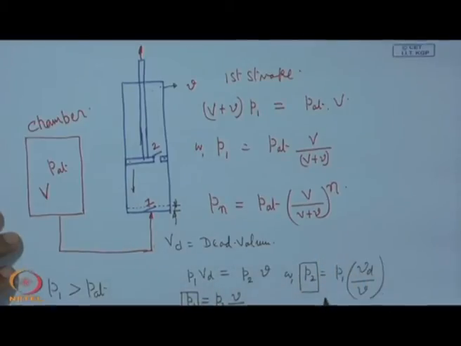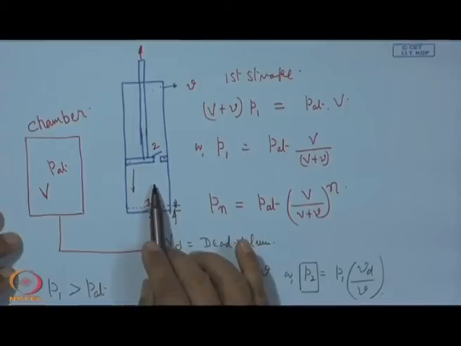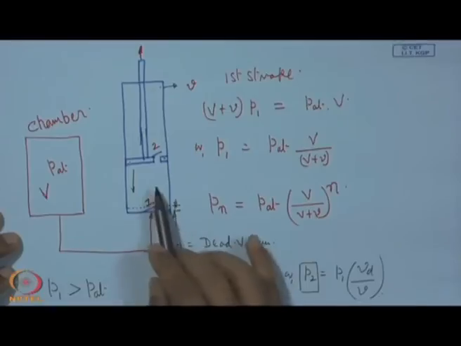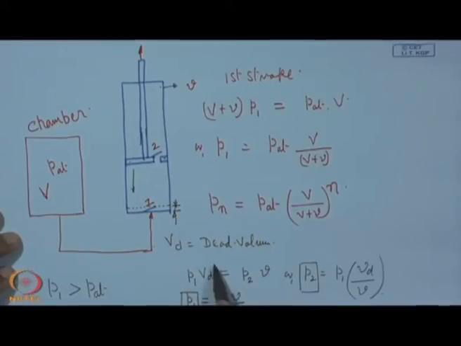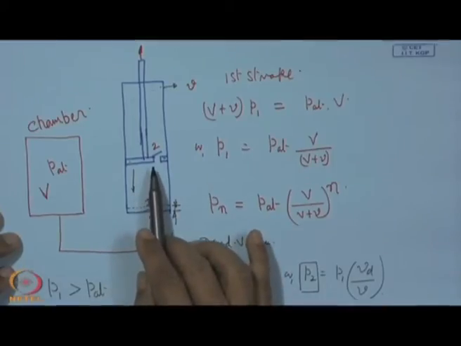But if we have a pressure corresponding to this P2, coming from this equation, at a particular point the residual pressure within this is actually Pn. After squeezing to the dead volume Vd, if it cannot attain a value more than atmospheric pressure, in that case there will not be any further evacuation.